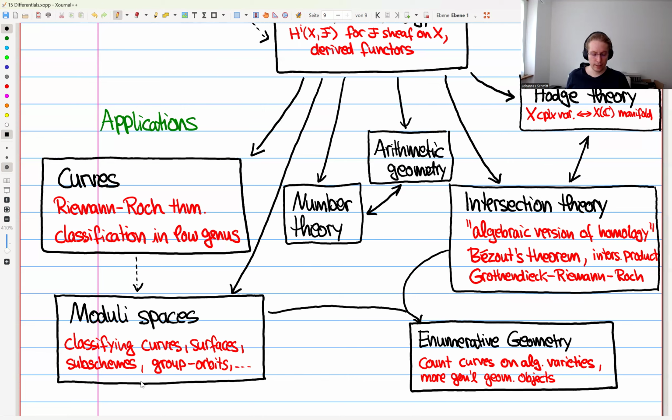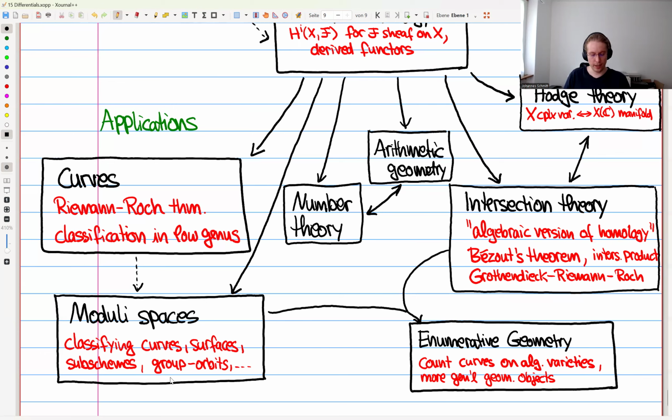We have seen some examples of these, like the Grassmannians, the projective spaces, and so on. These classify some geometric objects. For example, you could classify curves up to isomorphism. You can also classify certain types of surfaces, going up a bit in dimension. Given a fixed scheme X, you can try to classify all closed subschemes of this.